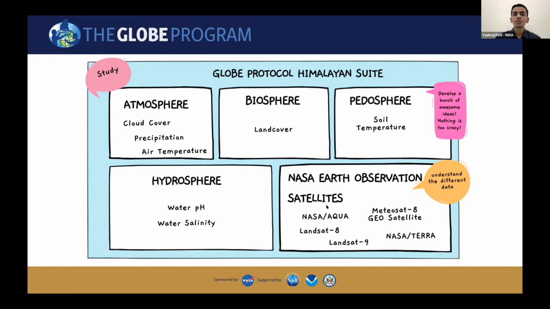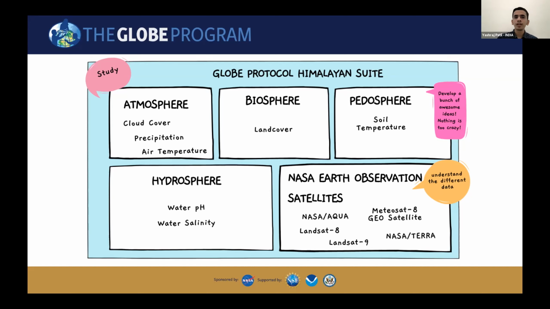And the NASA Earth observation satellites. This was a much more challenging thing for me, because I did not have any internet there, so I needed to track those Earth observation satellites. Since last year, when I joined the GLOBE program, I was tracking the overpasses of NASA's Aqua and Terra satellites over India.